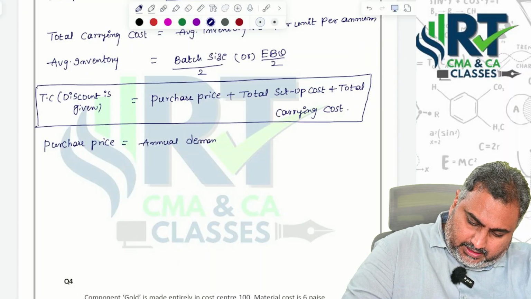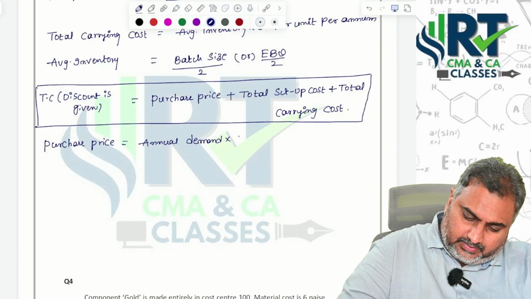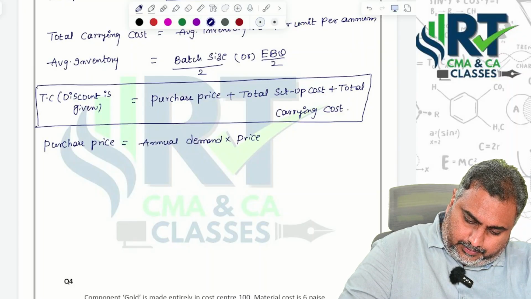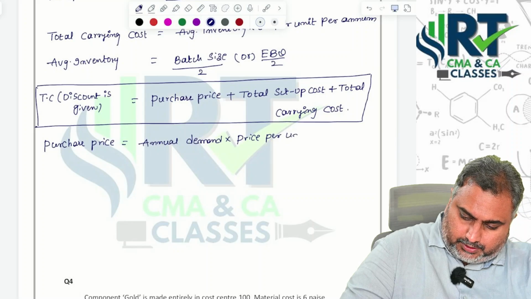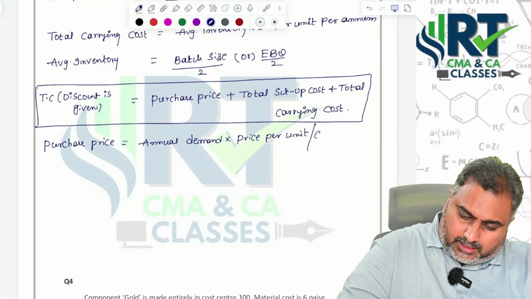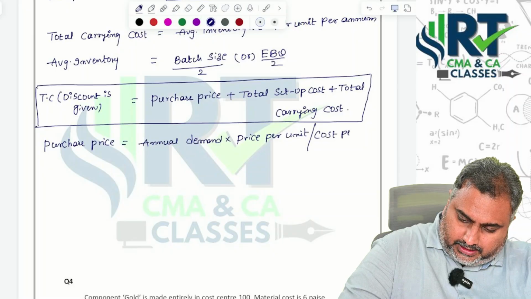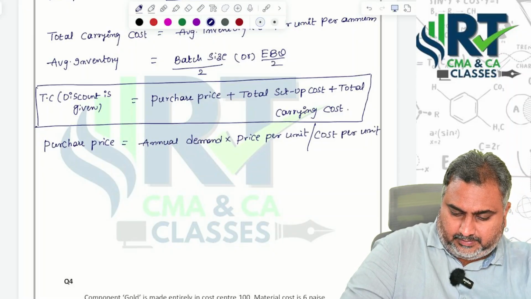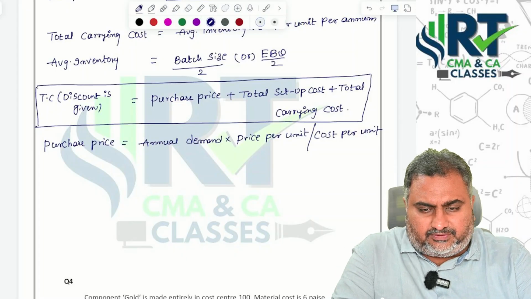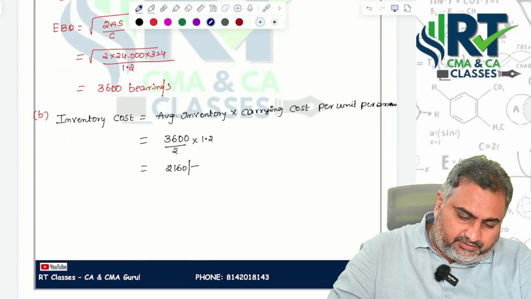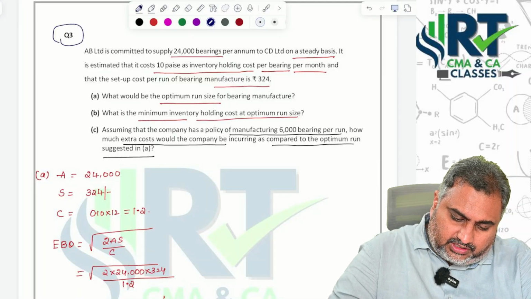Annual demand into price per unit or cost per unit. Sir, why did you discuss these formulas? In the third part, if you compare the things, what are they asking?